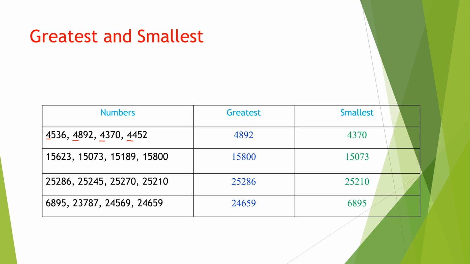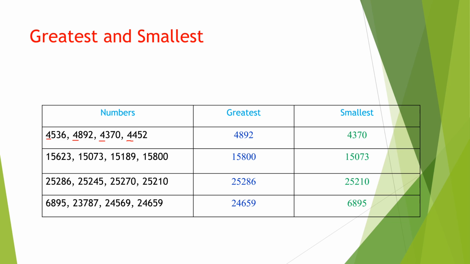So to find the greatest and smallest number, we have to check the next position, that is hundreds place digit. In 4,536, the hundreds place digit is 5. In 4,892, it is 8. In 4,370, it is 3.